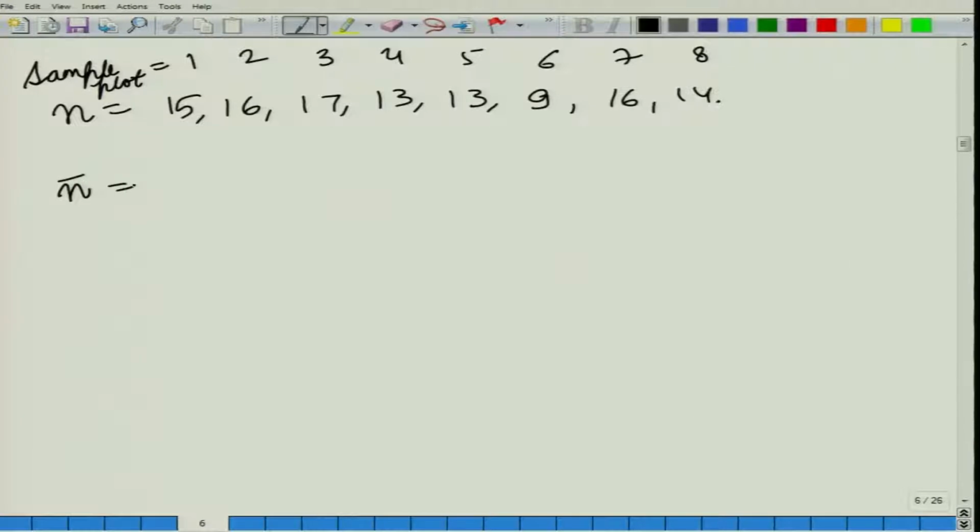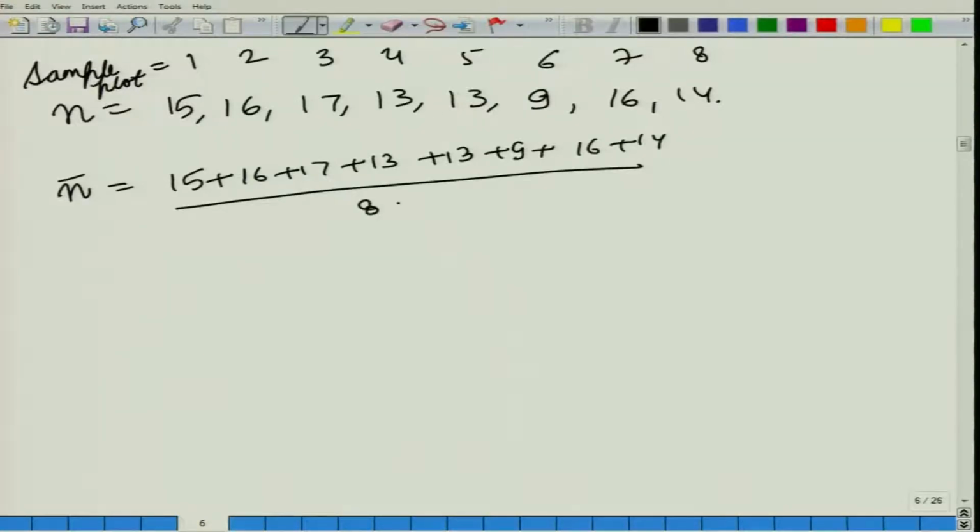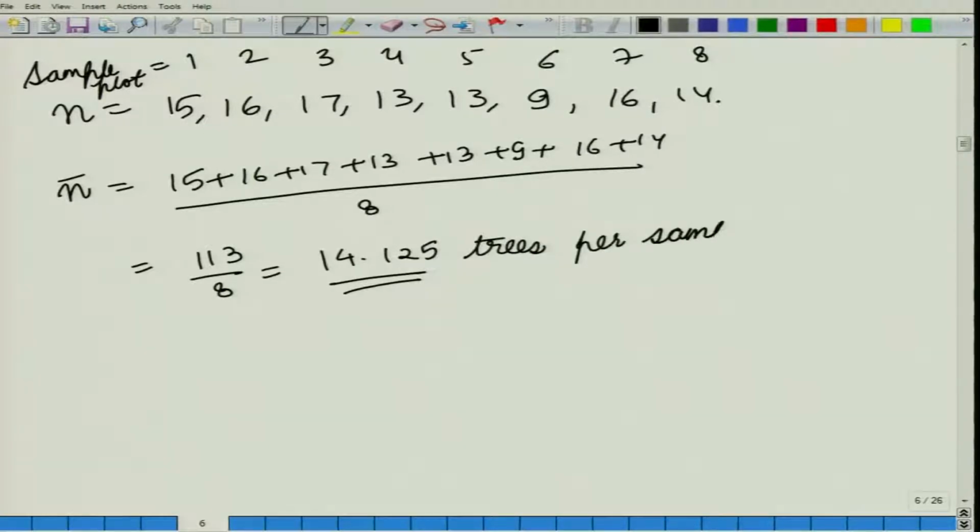We calculate the average, which is 15 plus 16 plus 17 plus 13 plus 13 plus 9 plus 16 plus 14 whole divided by the number of sample plots, which is 8. So, here we get 113 divided by 8 is equal to 14.125. So, we have 14.125 trees per sample plot. So, this is the average number of trees per sample plot. Now, what is the area of a sample plot?